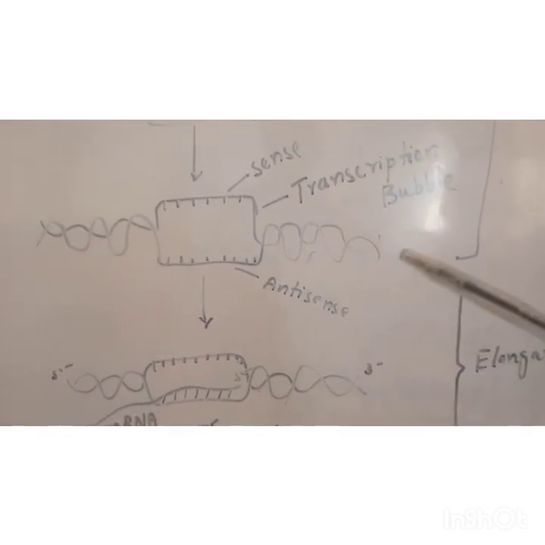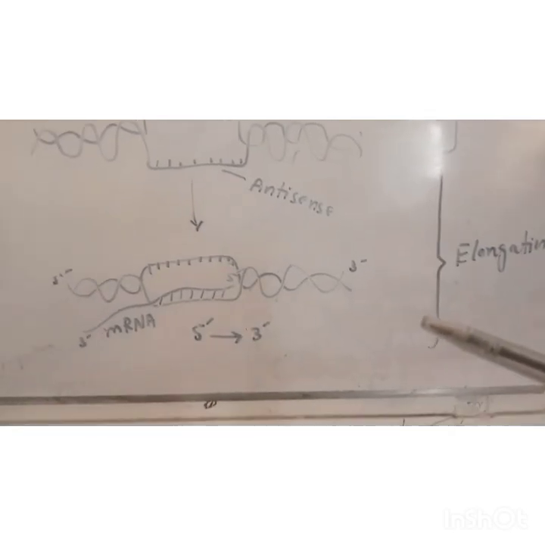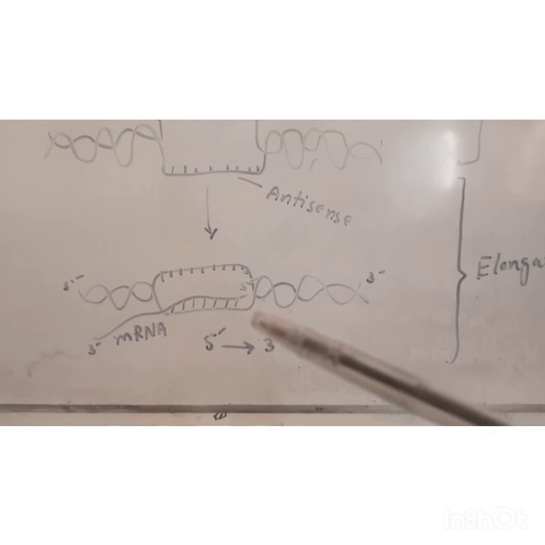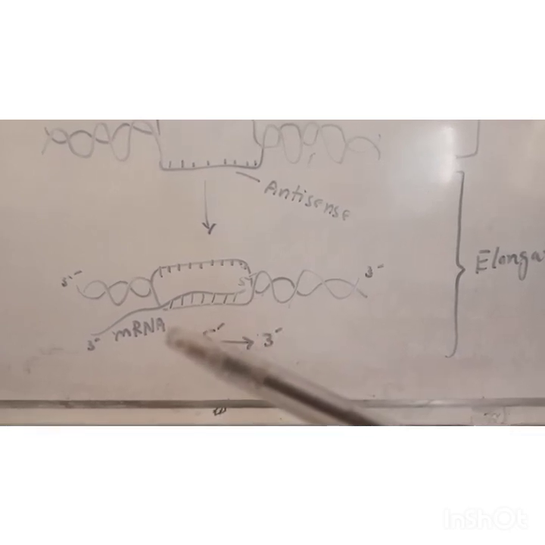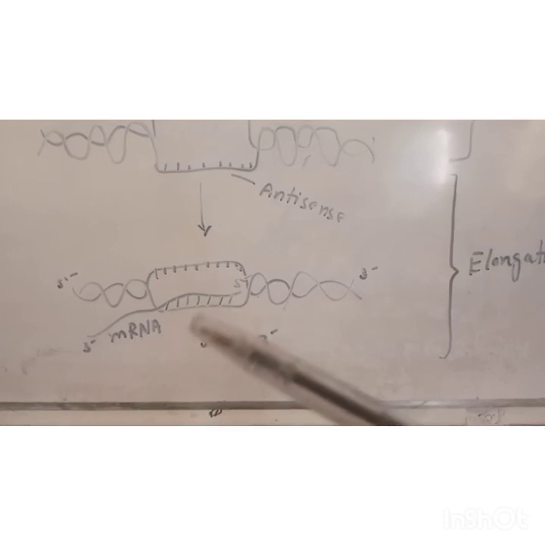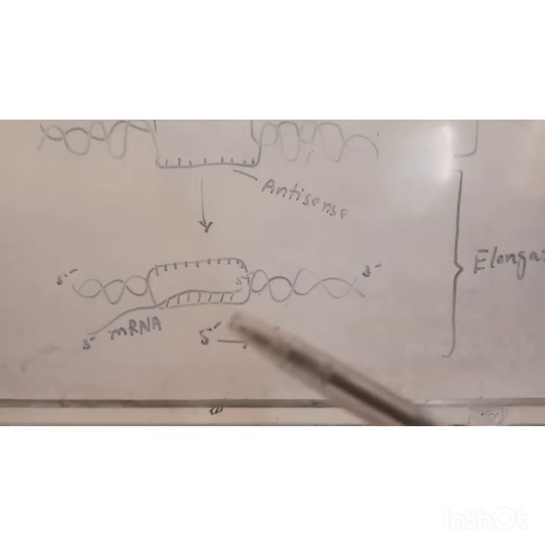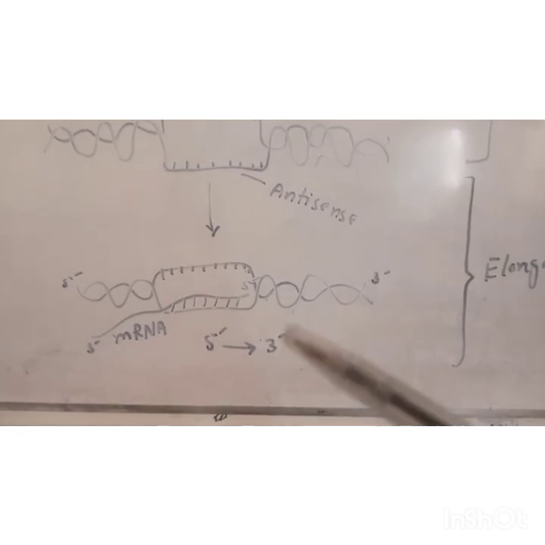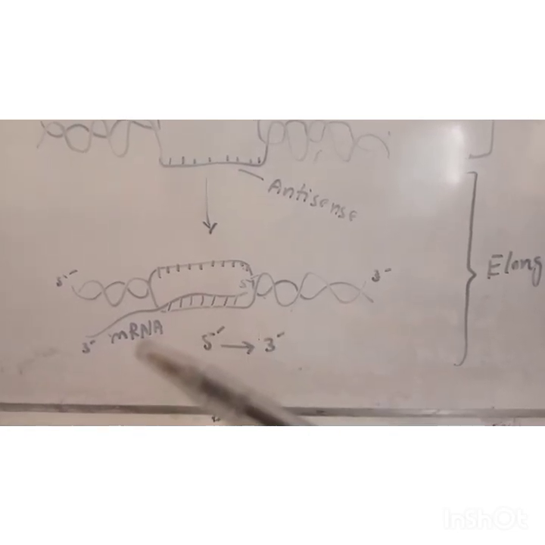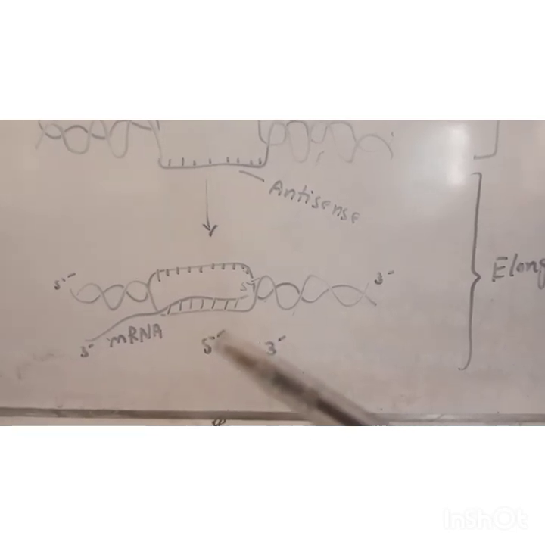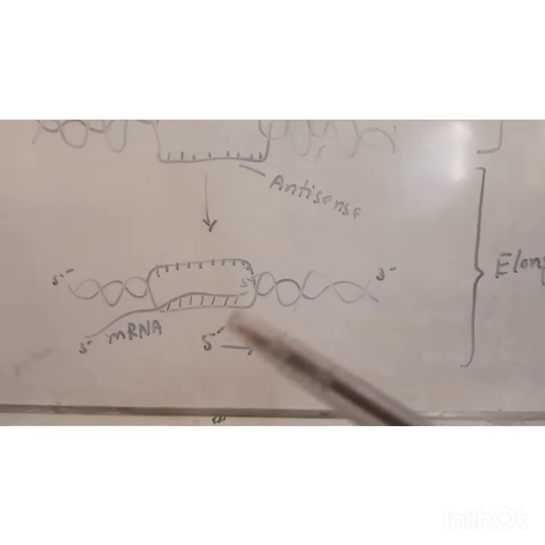After the formation of the transcription bubble, the elongation phase starts here. During the elongation phase, the RNA polymerase moves on the DNA strand in the 5 to 3 prime direction, and as a result, the messenger RNA is formed with the help of RNTPs.